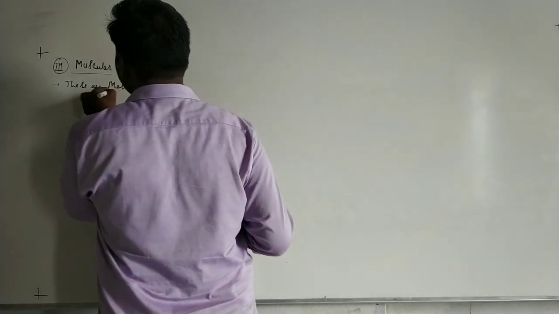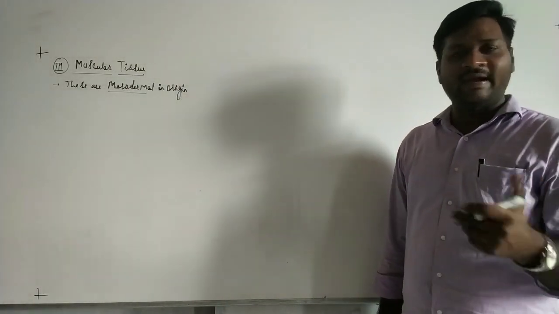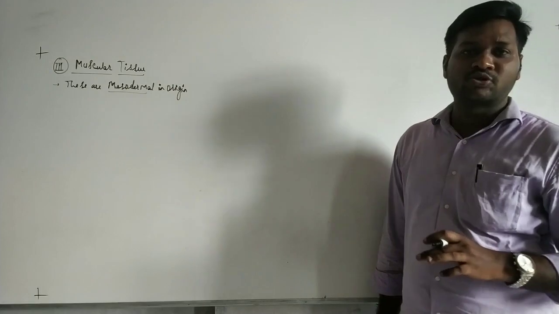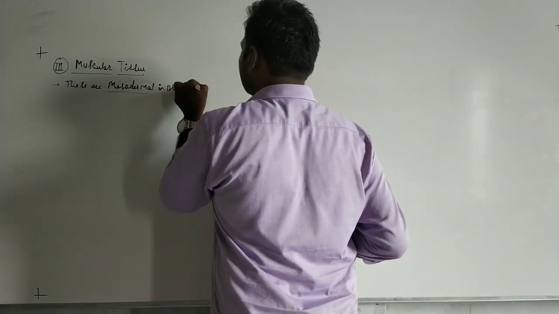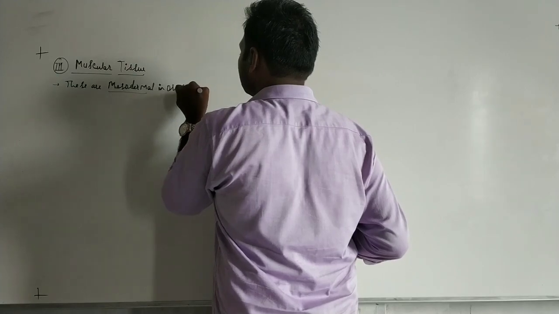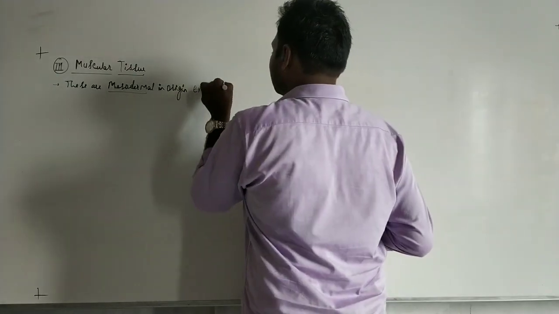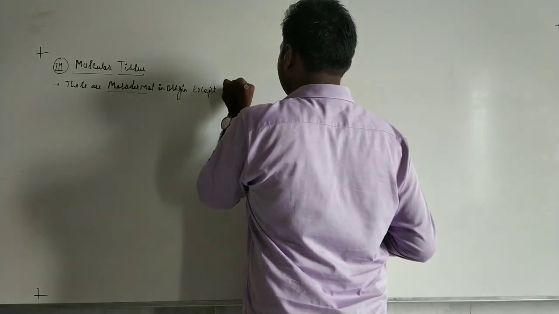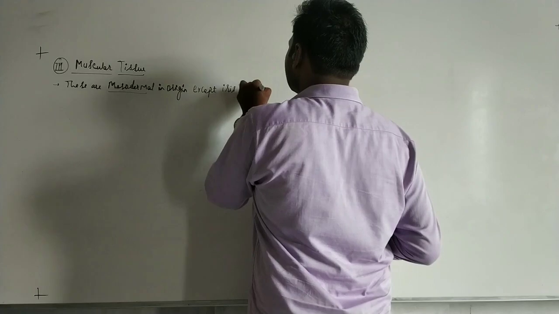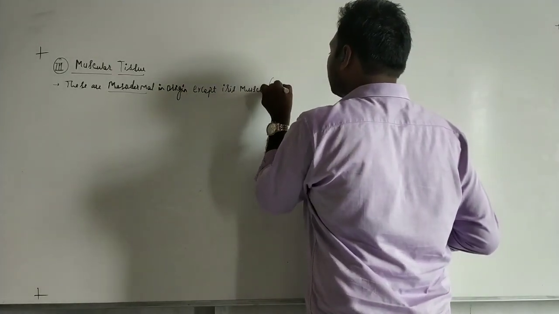Mesodermal in the sense, see, our body is composed of three germinal layers, that is ectoderm, mesoderm and endoderm. Mesoderm is the middlemost part. Except the iris muscles, because these iris muscles are ectodermal.